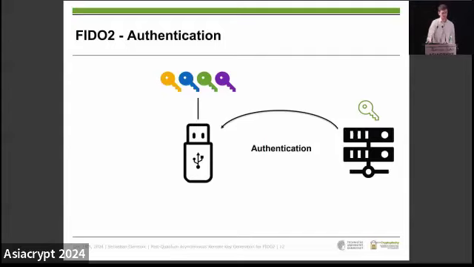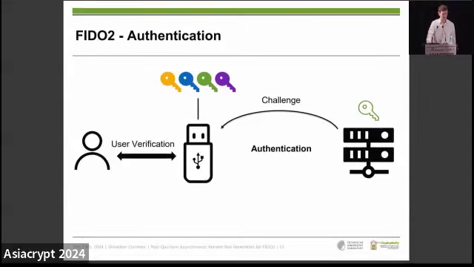During authentication, when the user now wants to log in using WebAuthn, the security key has multiple secrets generated for different services. Here we're logging in to the green service. So the authenticator receives some cryptographic challenge by the relying party, chooses the corresponding secret key, and then a user verification process unlocks the secret key material.